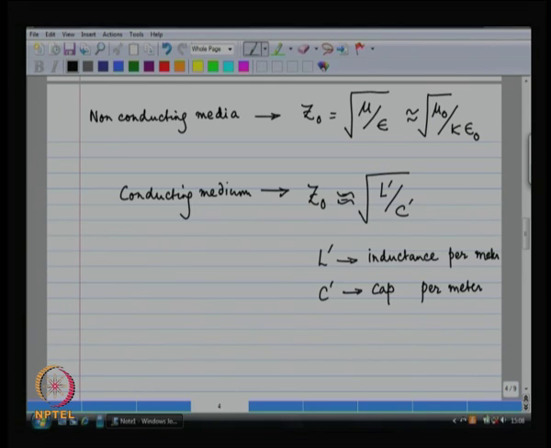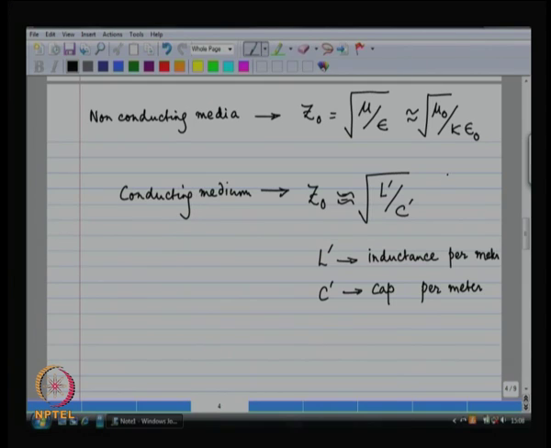These formulations are very similar. The big catch over here is that I am assuming that there is no loss. So, whatever you are transmitting is being received by the receiver, all the energy is actually going through. If it does not, then you add more complex terms for Z0 and it no longer looks exactly like L prime by C prime.